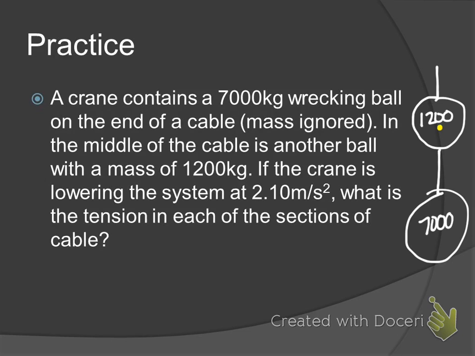So for our first object, our upward force will be a tension force, and our downward force will be gravitational force. Our free body diagram for this second object looks exactly the same. F sub t and F sub g.